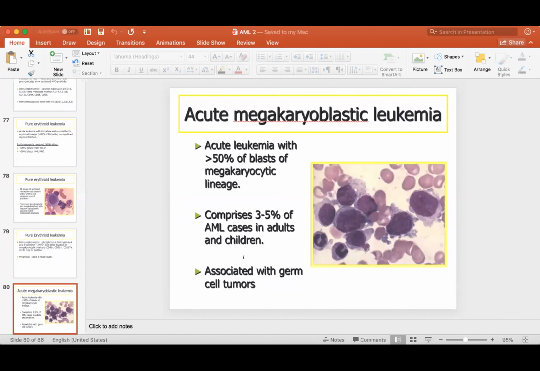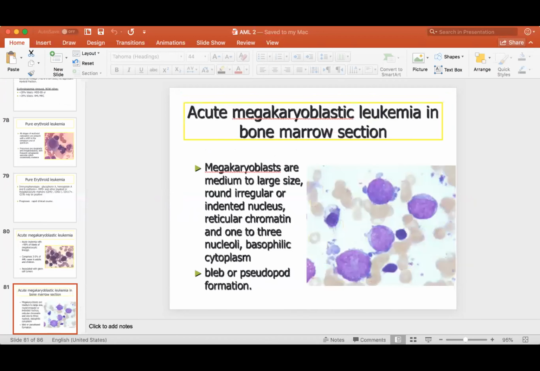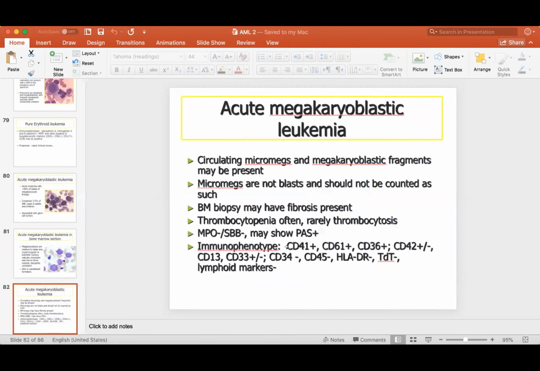And there's a known association with germ cell tumors like seminomas, embryonal carcinomas, yolk sac tumors, and others. So the megakaryoblasts again have these blebs or pseudopods, and they're positive for the megakaryocytic markers, including CD41, CD61, and others.